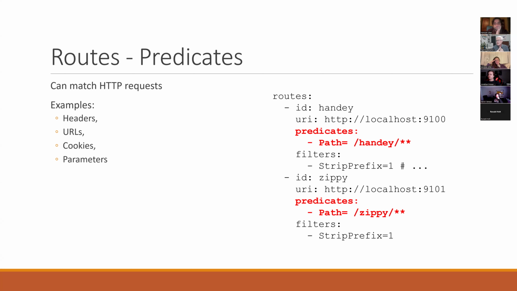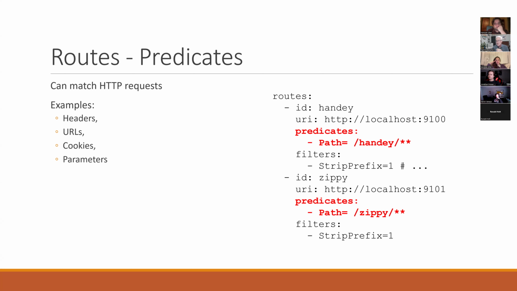Now this does headers, URLs, cookies, parameters being passed in. So with predicates, I can put all sorts of things in there, not just path. I can put lots of different things and redirect that request coming into different services based off of any one of those things.